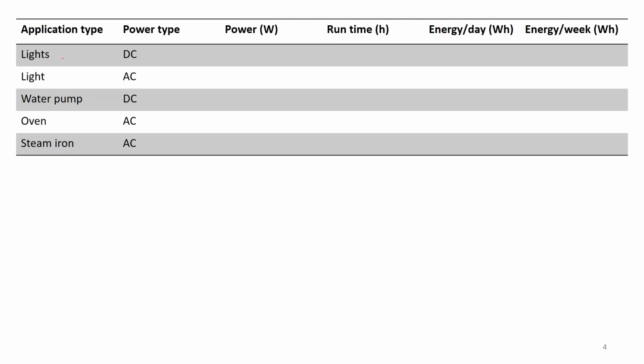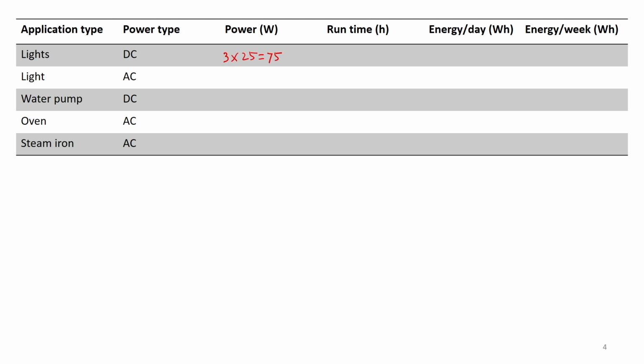Now we have these appliances: the light which is DC, then one light which is AC, the water pump is DC, the oven is AC, and the steam iron is AC. The power requirement: we have 3 lights each of 25 watt, so this is 75 watt.